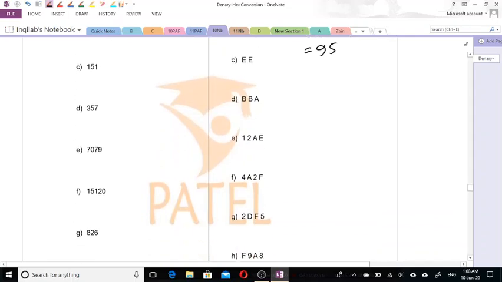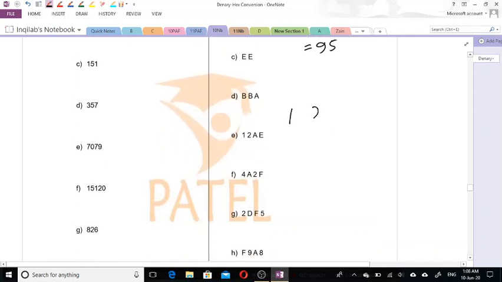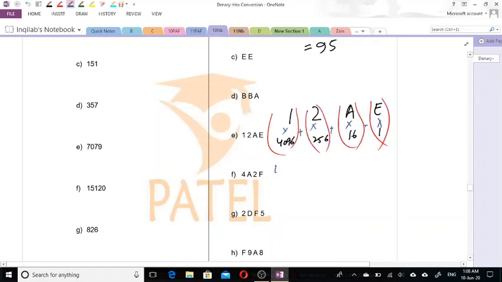For example, we have another number 12AE. We will write down the hexadecimal place values 1, 16, 256, 4096. Then we will multiply each digit by its position and calculate their sum. This time 1 times 4096 plus 256 times 2 is equal to 512 plus A is basically 10. 10 times 16 is equal to 160, and E is equal to 14. 14 times 1 is equal to 14.